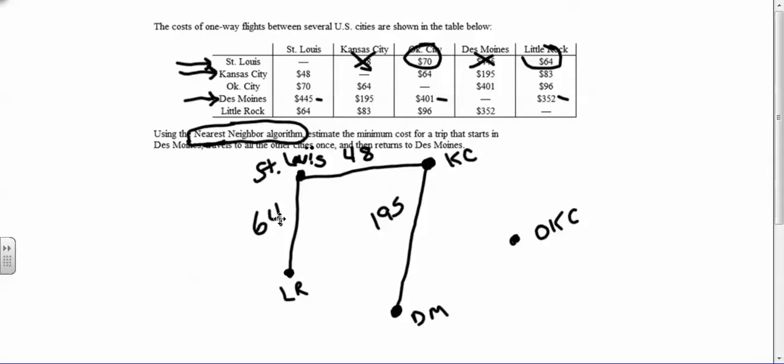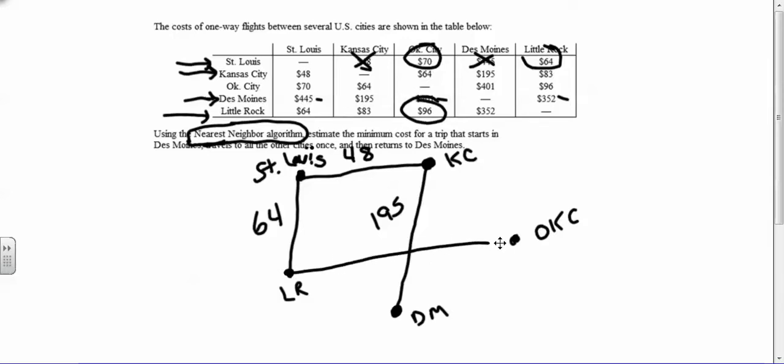And then again, you're not left with much at the end. Some people call it a greedy algorithm because you're greedy and you take the lowest price. But at the end you're kind of stuck with the last two edges of the graph, because once you're in Little Rock, you must go to Oklahoma City, which you notice it's not the lowest.